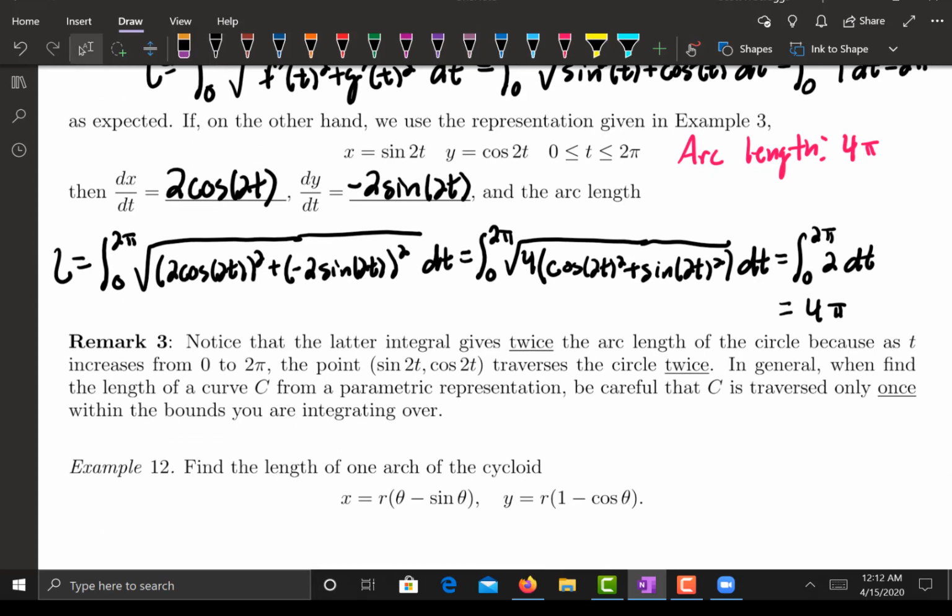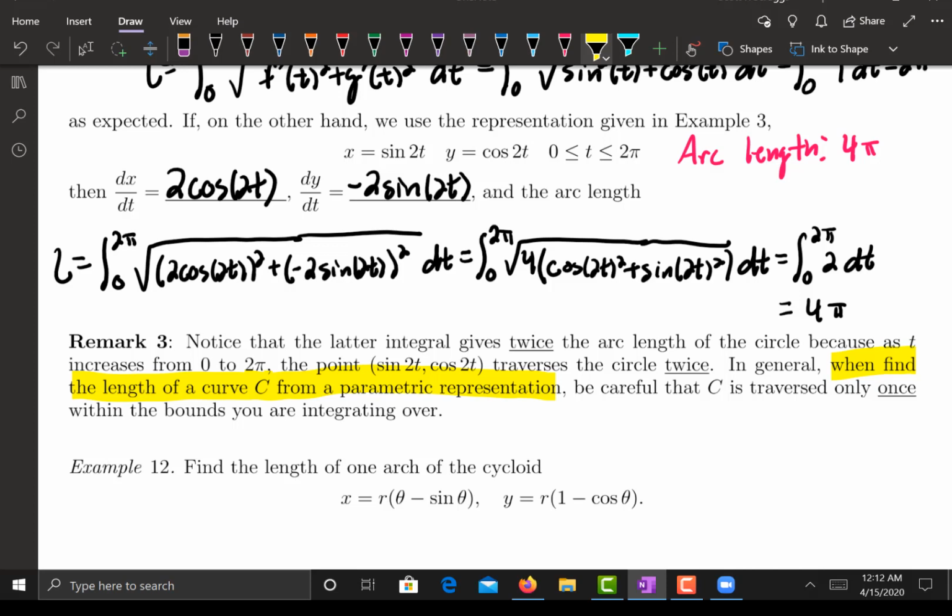And like I mentioned before, the latter is just twice the arc length of the unit circle because I'm traversing the circle twice. And so one thing that I want you all to note when you're finding a length from a parametric representation is to make sure that your curve is traversed only once within the bounds I'm integrating over.